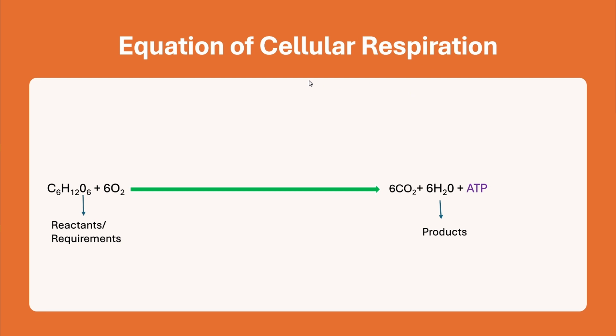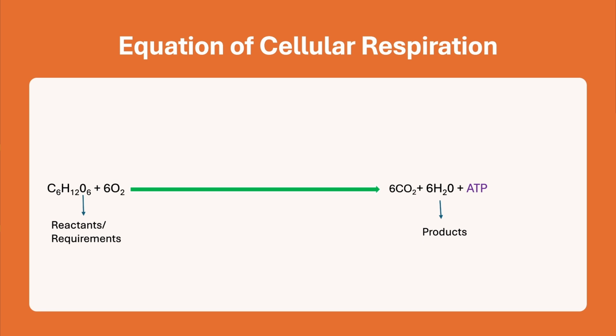Cellular respiration can be written as a chemical formula. Our reactants, or requirements, are C6H12O6 and 6 oxygens. The C6H12O6, if you remember, was the glucose which we made in photosynthesis.